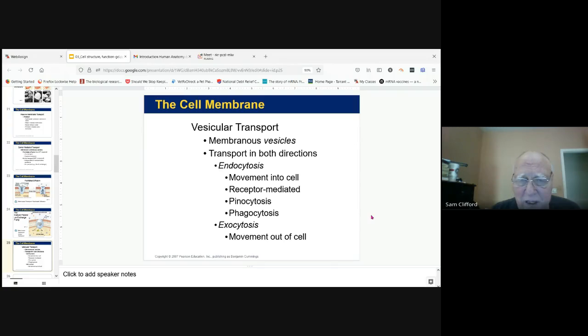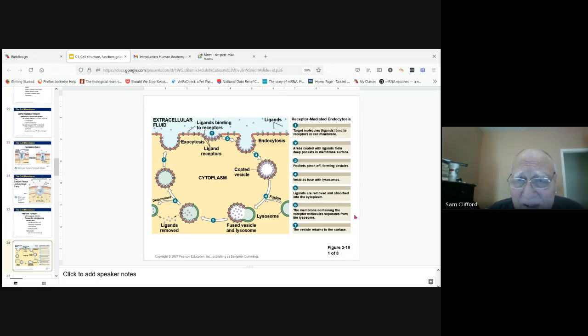Just know what endocytosis is and exocytosis. Sometimes special vesicles form that will bind only to certain molecules. That's receptor mediated endocytosis, or cell eating, when cells form a little circular, spherical container.